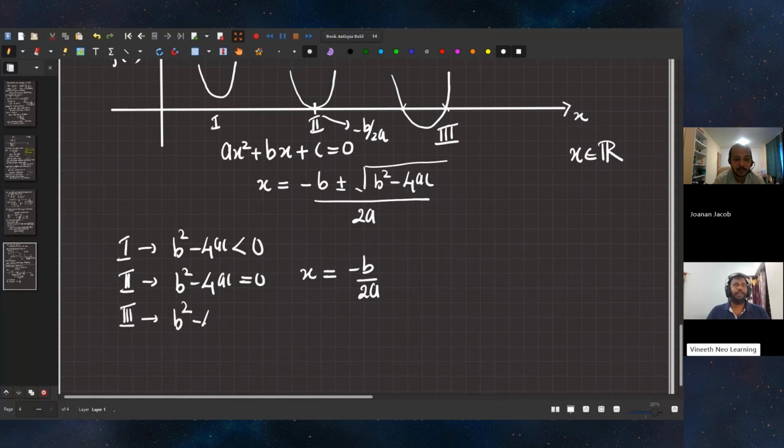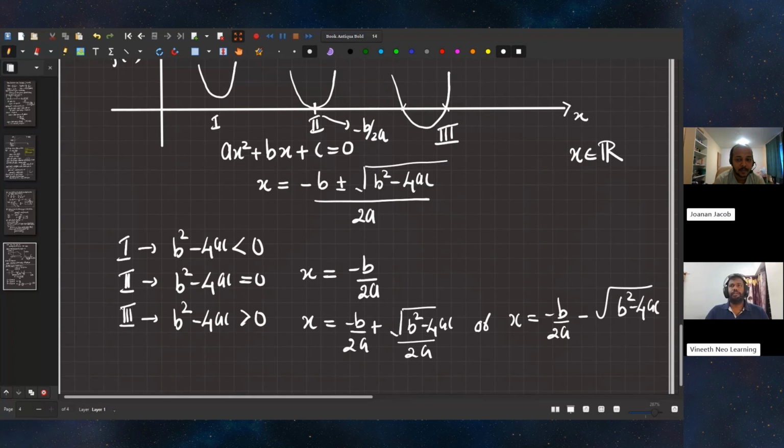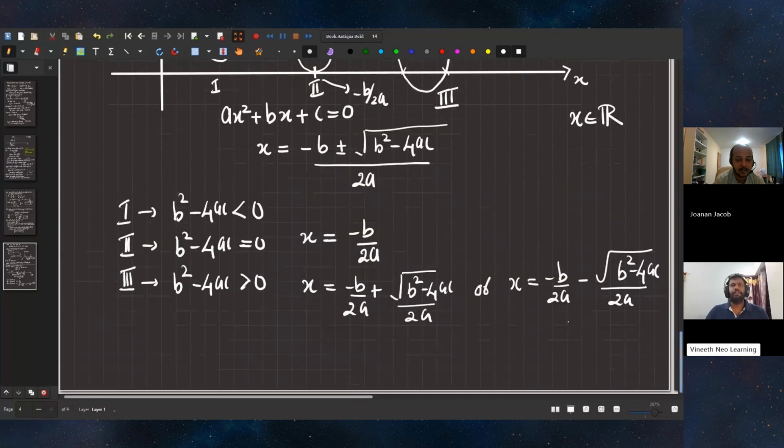Then x equals minus b by 2a plus the square root of b squared minus 4ac divided by 2a, or x equals minus b by 2a minus the square root of b squared minus 4ac divided by 2a.